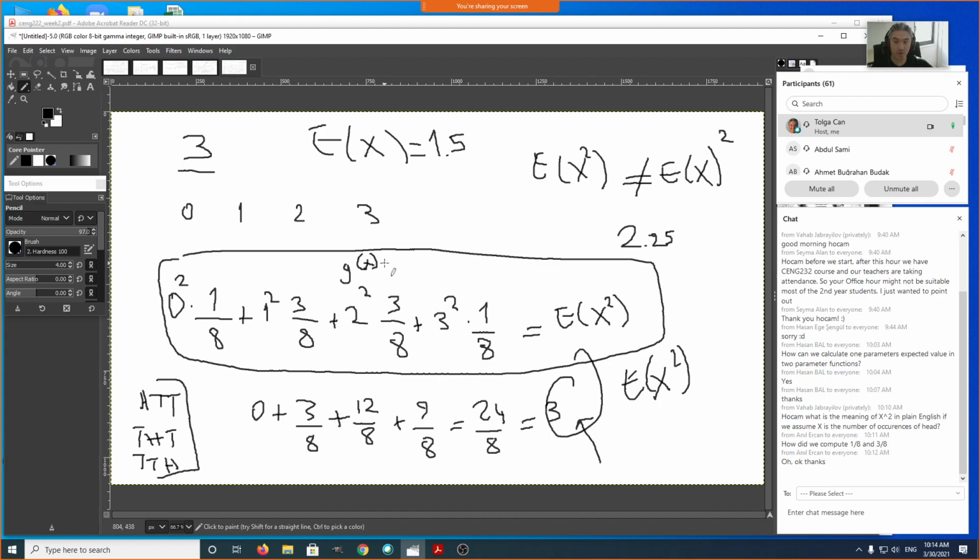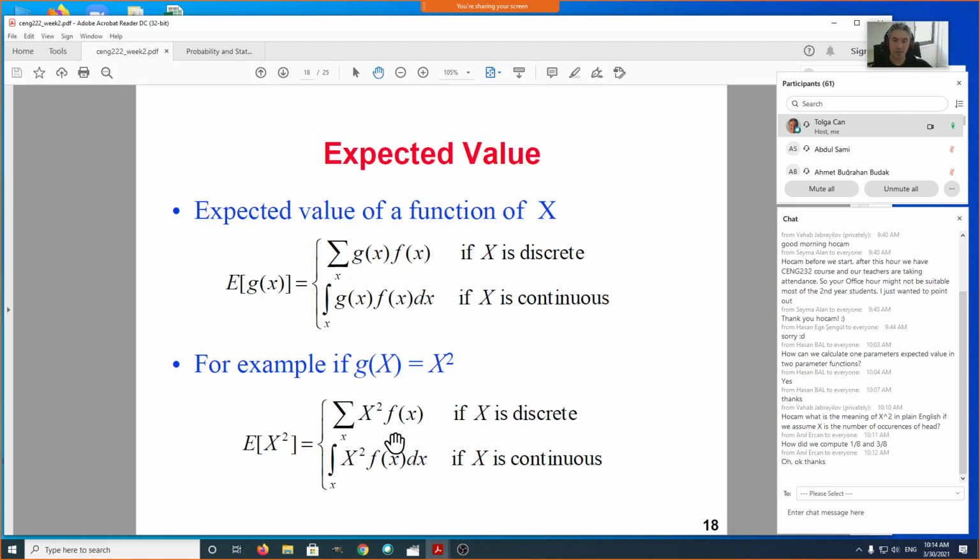If g(x) is x squared, you multiply g(x) with the probability that X takes that value, and then compute the expected value of that function. These may look simple, but they are really important. We will be doing lots of computations based on expected values, so if you understand these foundations and they're solid, you will do very well in the upcoming weeks.